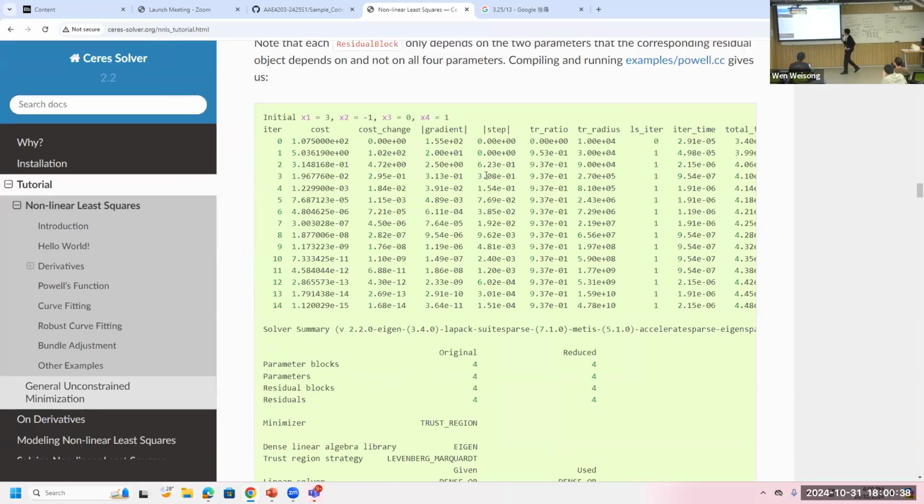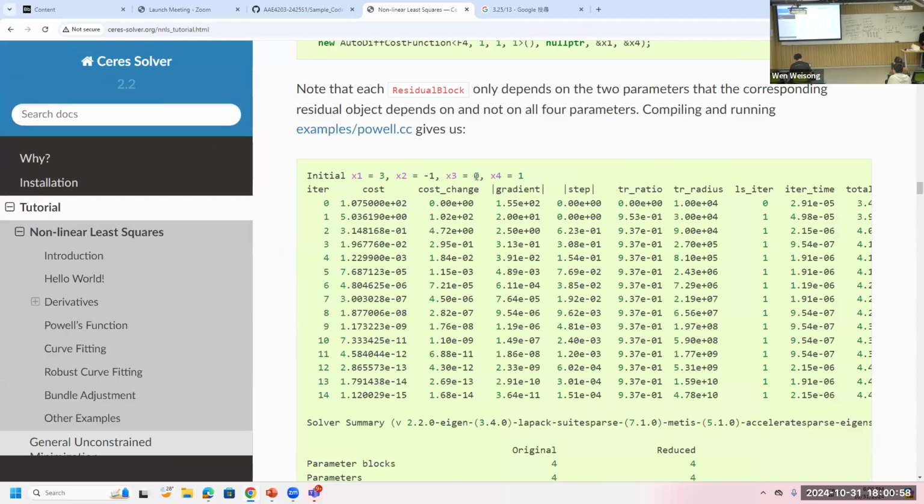If you look into these values, the first column represents the number of iterations. So it's too small, right? The first row represents the number of iterations.